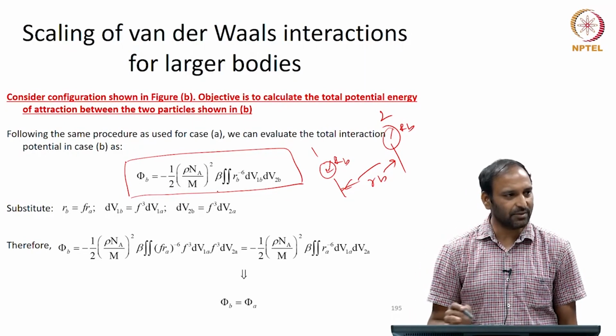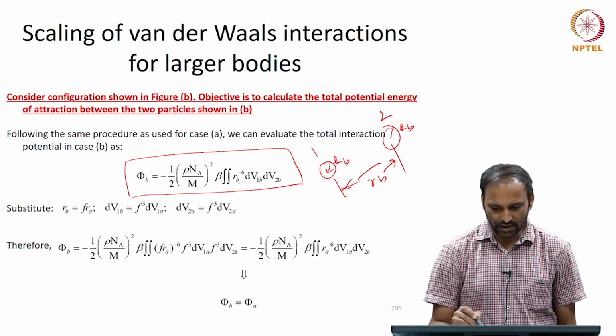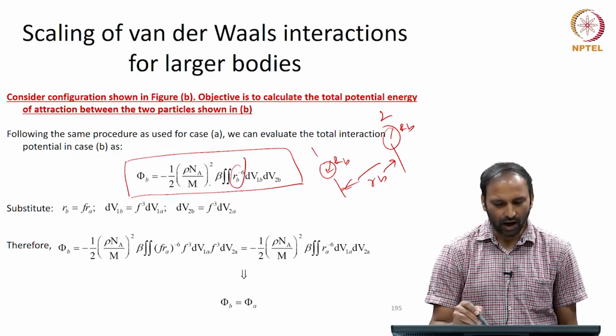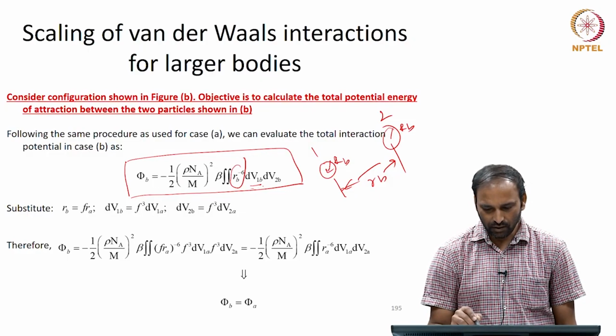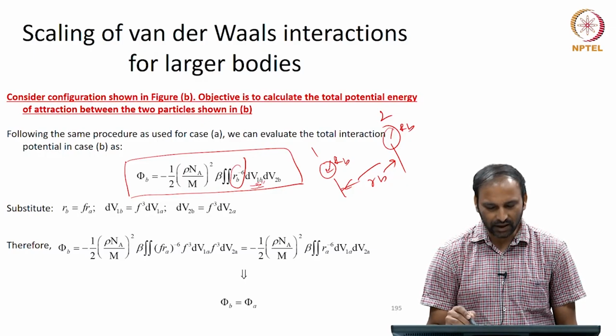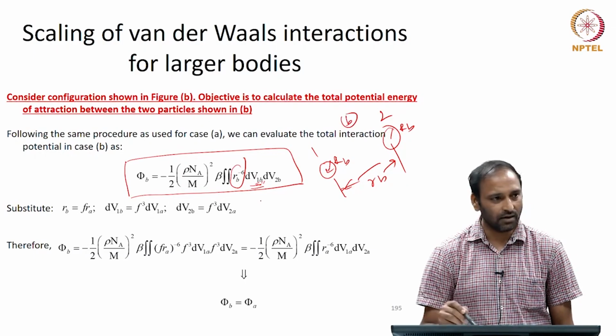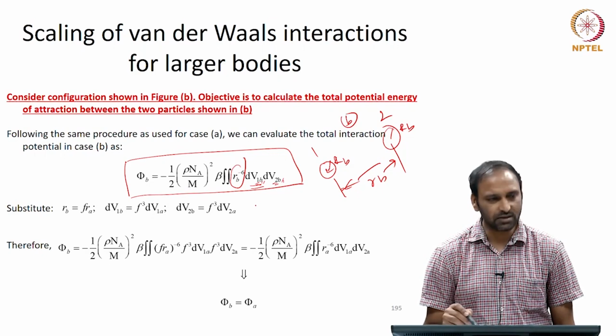If I do that I will get a similar expression. Only thing is instead of R_A I would have R_B to the power of minus 6, and you will have differential volume 1 in case B and differential volume 2 in case B.